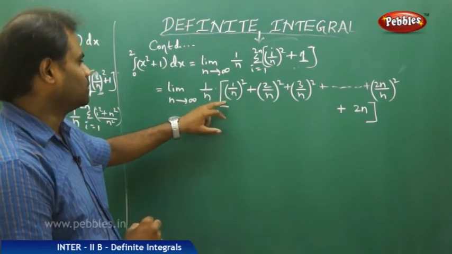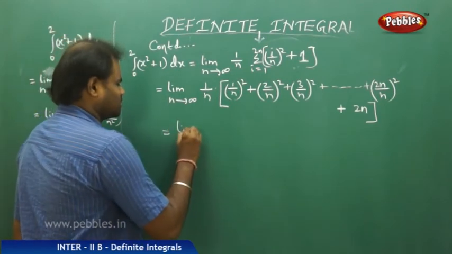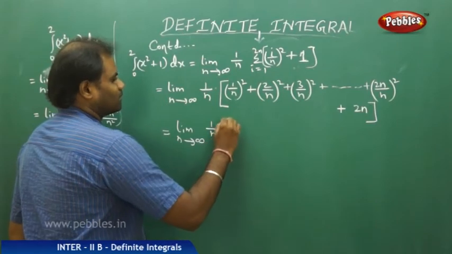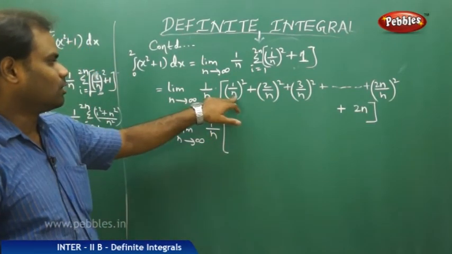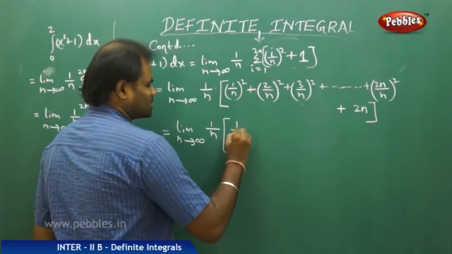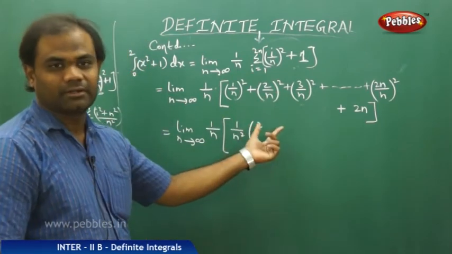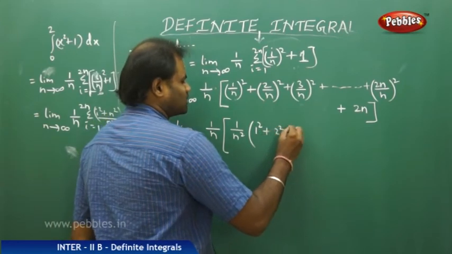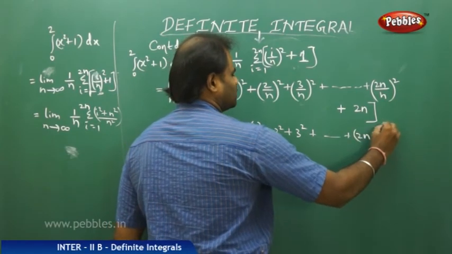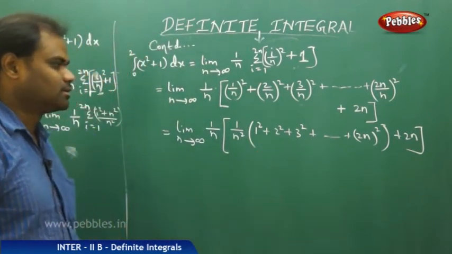Now each of these values substituted gives this, which in the next step is the limit as n tends to infinity of 1 by n, and then taking n squared common, because in each of the cases n squared is common, I get this with the numerators left inside the brackets as 1 squared plus 2 squared plus 3 squared till (2n) whole squared, plus 2n, is how we get the summation.